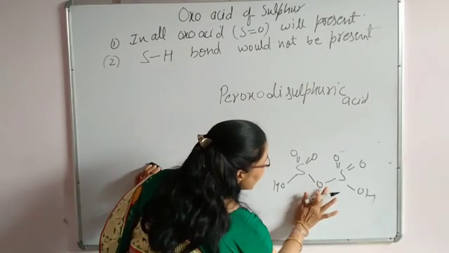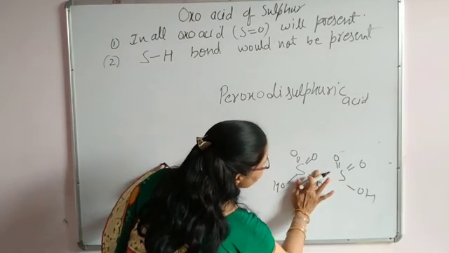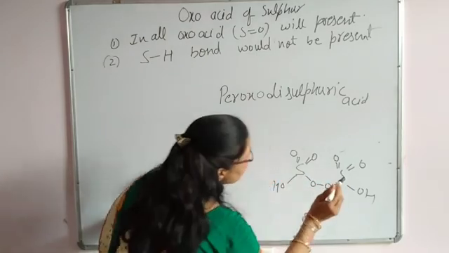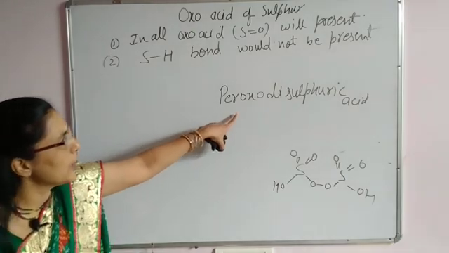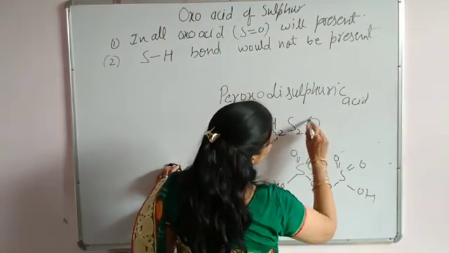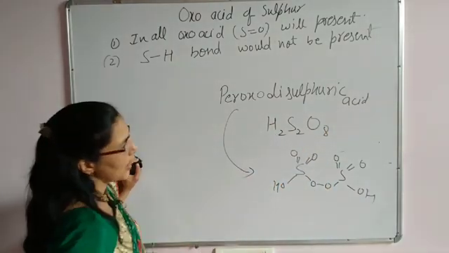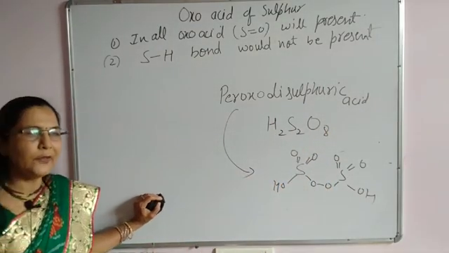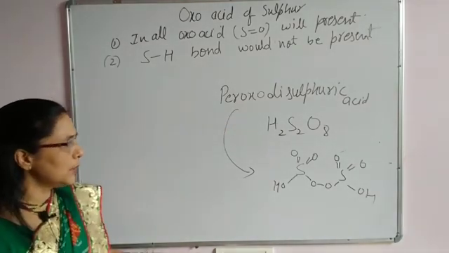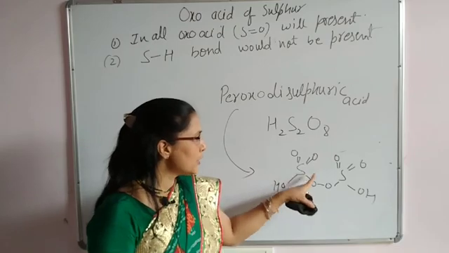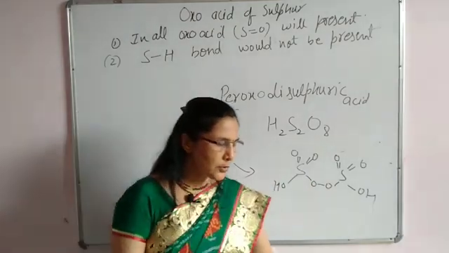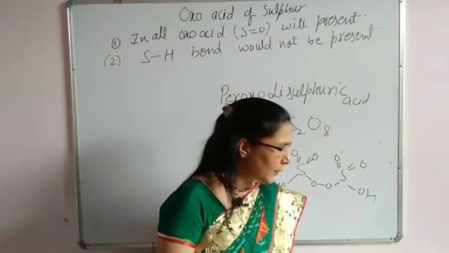Suppose rather than this oxygen of pyrosulfuric acid, I put one peroxide linkage. Then it will be known as peroxodisulfuric acid, H2S2O8. The only difference between pyrosulfuric acid and peroxodisulfuric acid is that instead of one S-O-S linkage there will be a peroxide linkage. That's all about the sulfur family.